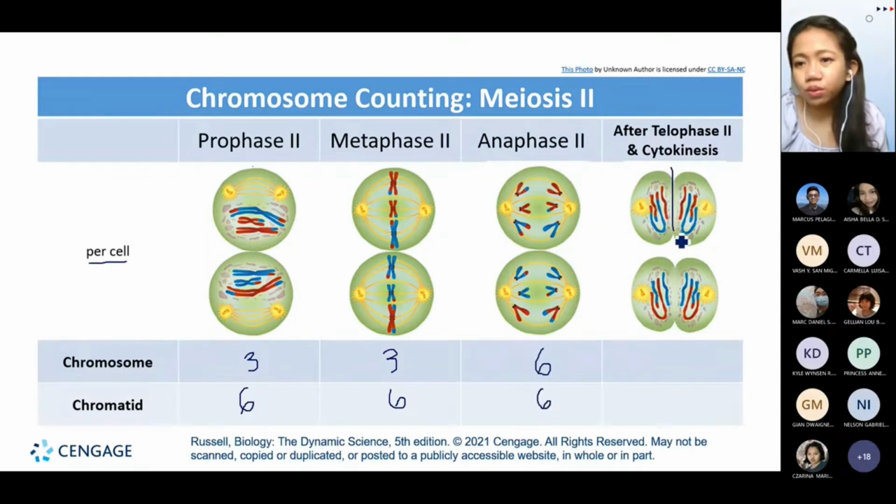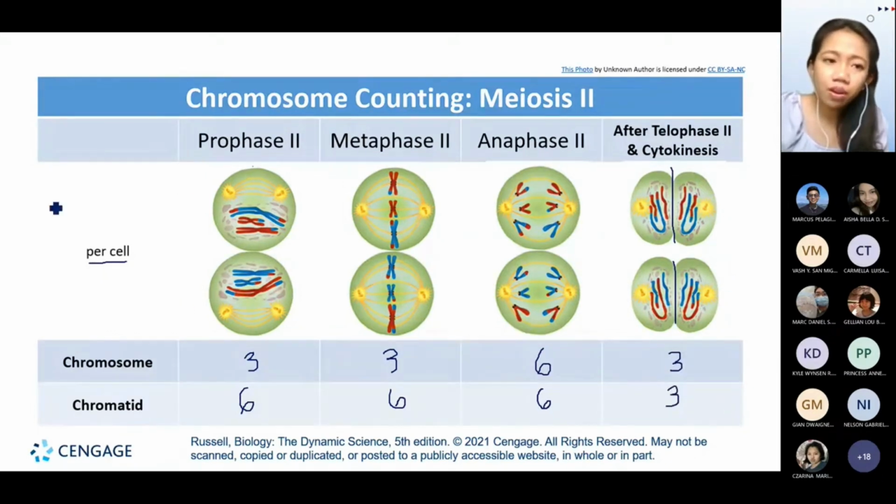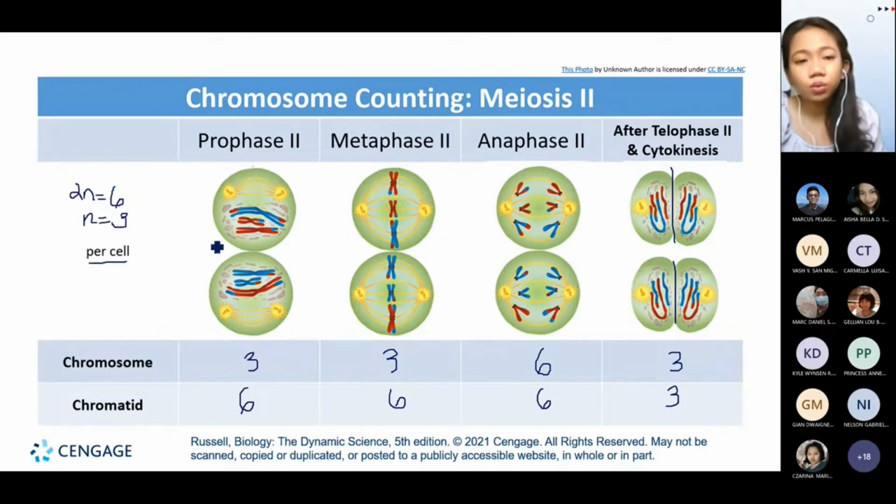And then after telophase 2 and cytokinesis, you have 3 and 3. So that means you have a haploid number. So 2n, as we said earlier, 2n is equal to 6. By the end of meiosis, you have n is equal to 3. Okay. So it's easy.